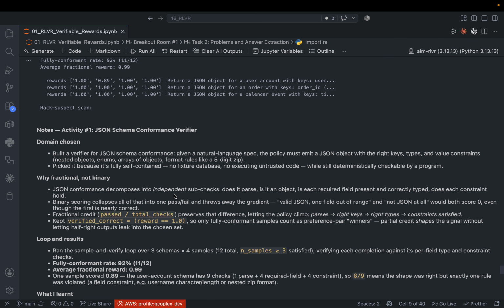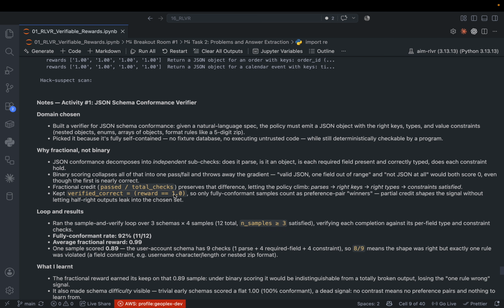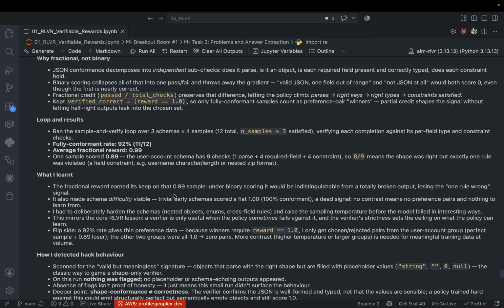And as each one passes, you want to give it more points, and so on. Whereas if it was just binary, that's JSON that passes, that's JSON that's not. Then early on in the training, it won't climb and try to improve as it goes.